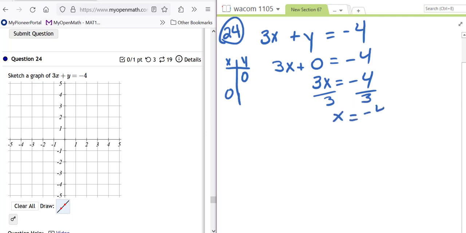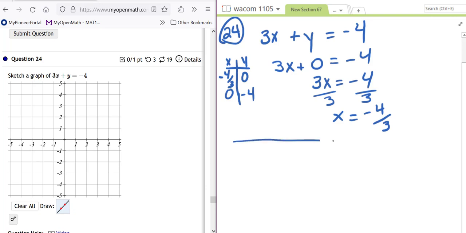That is going to be hard to graph on there, and you probably wouldn't get it right with the tool. So I would ditch this method. The other point's okay. 0 into x is going to wipe it out, and so it will be y equals negative 4. But because of the fraction and drawing it on the computer, I would ditch this method.